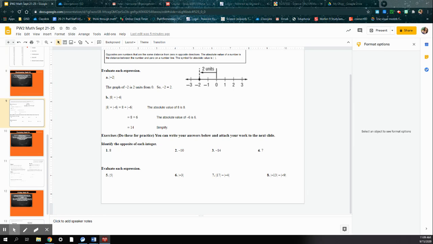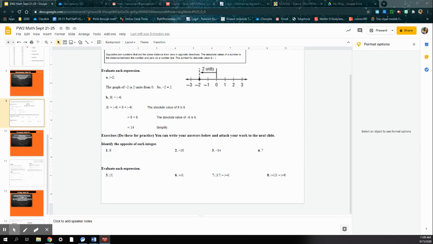What's the absolute value of -3? The absolute value of -3 is 3, and then I'm going to bring down that negative symbol. So my answer is -3. So this is the only time that your absolute value is not going to be positive. It's if this negative symbol is outside, okay?